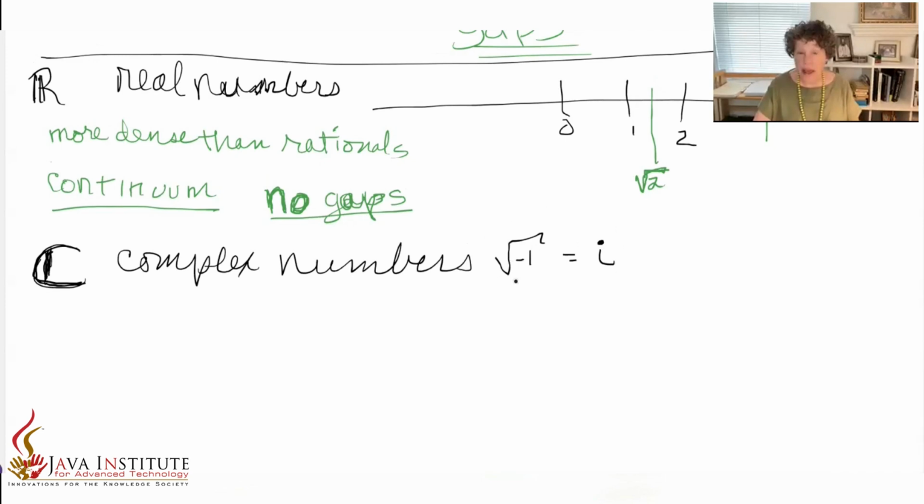So this is what we add in. This is the special thing that we add in. But we also are going to add in 2i, 3 plus i, 5 plus 6i, 7 minus i. We're going to add in all multiples and sums of i with the real numbers. So the complex numbers is an extension of the real numbers.